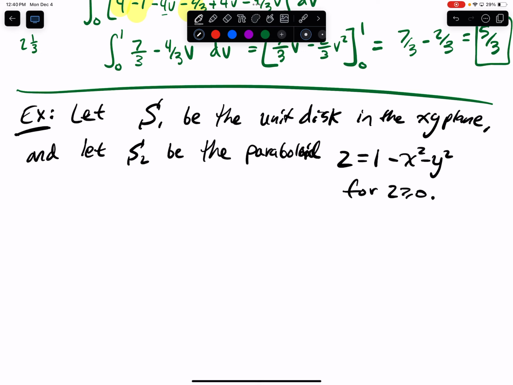So we'll call that surface S2. And the bottom, that circle, the unit circle, S1. Y'all good with that? So that's my surface. Okay?